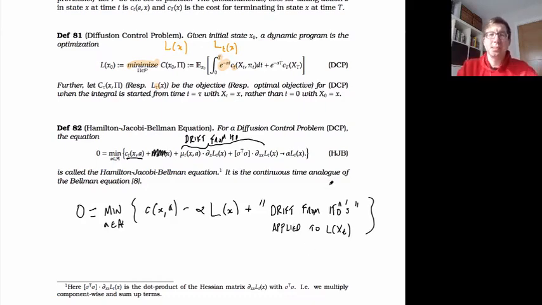What we went on to do is to look at this in the context of portfolio optimization.